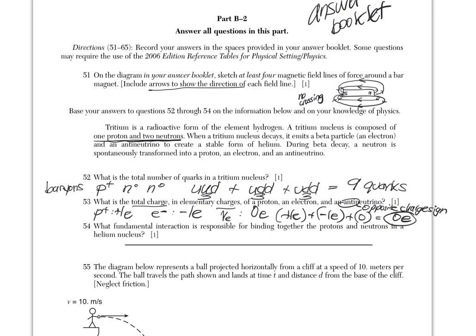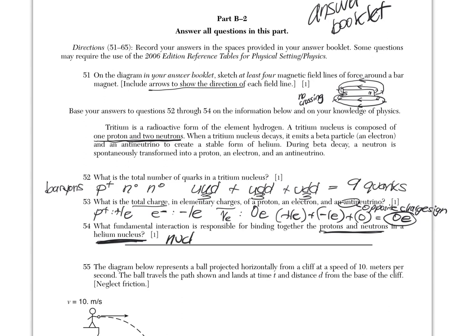54, fundamental interaction responsible for binding together the protons and neutrons in the nucleus. Now be careful, this whole question is about beta decay, and beta decay is about the nuclear weak force. But that's not what they asked. They said, what is binding together the protons and neutrons in the helium nucleus, holding the nucleus together?